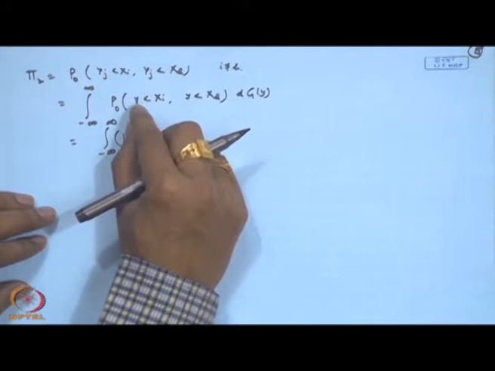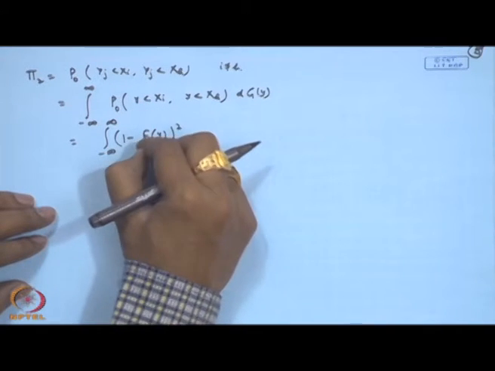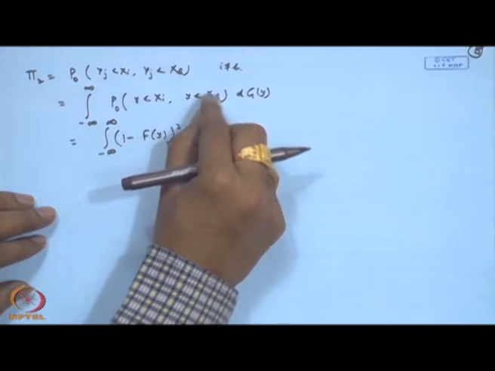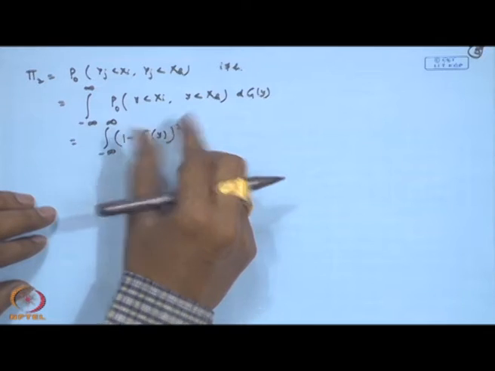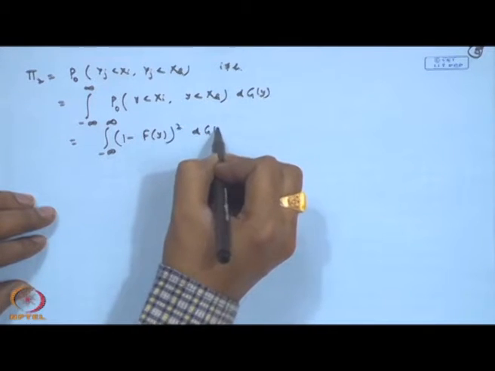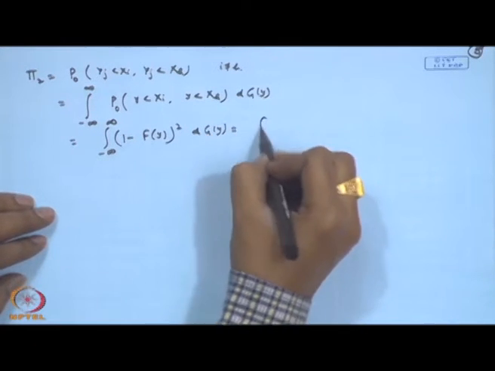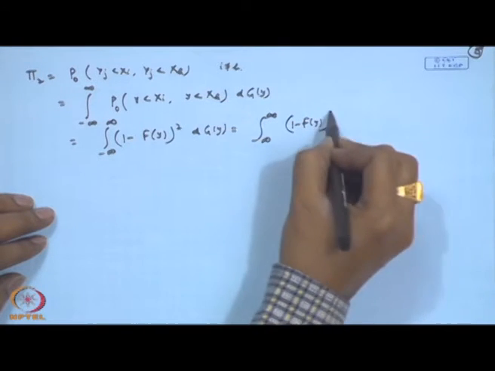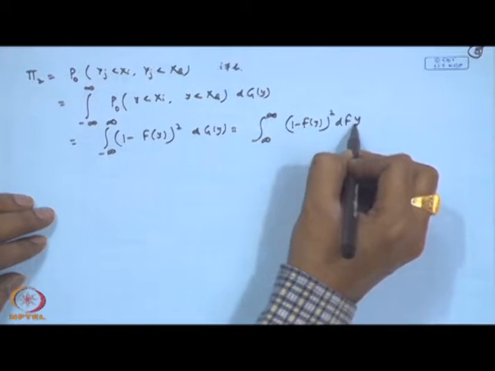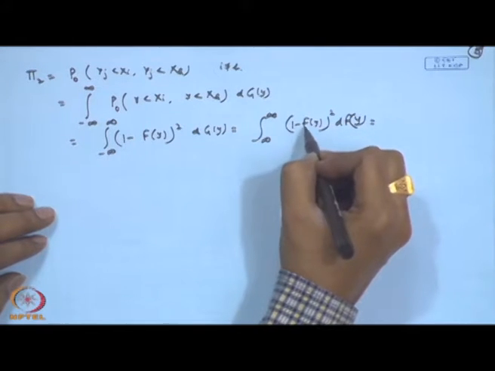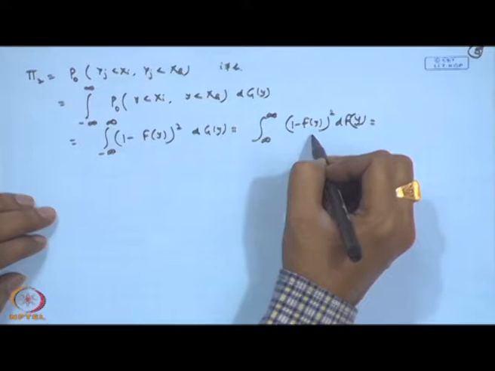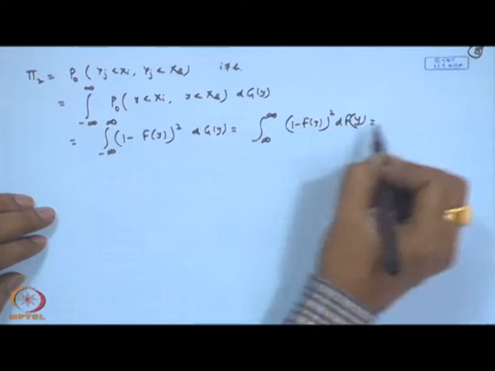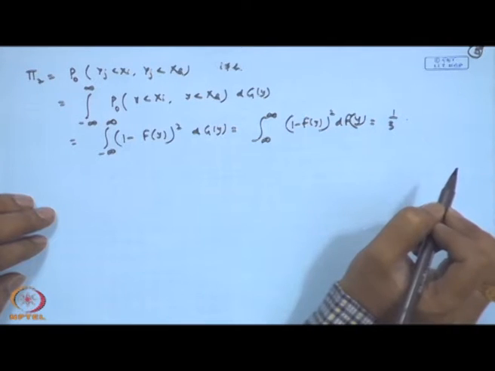So, this becomes the probability of x i greater than y, that is 1 minus F y, and this becomes the probability of x h greater than y, that is also 1 minus F y. So, this becomes square d G y. So, when G is equal to F under the null hypothesis, then this is becoming the integral of 1 minus F y square d F y, that is equal to minus 1 minus F y cube by 3. So, at plus infinity this will become 0 and at minus infinity it will become 1. So, this is also equal to 1 by 3.